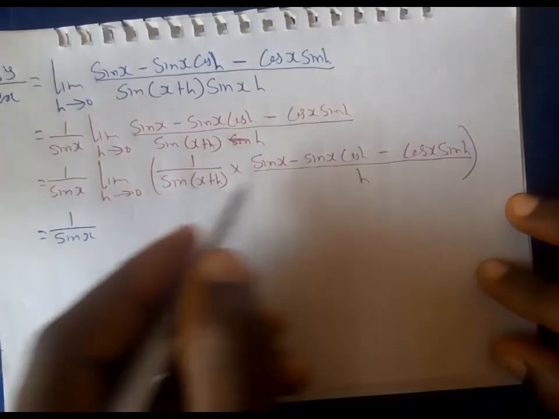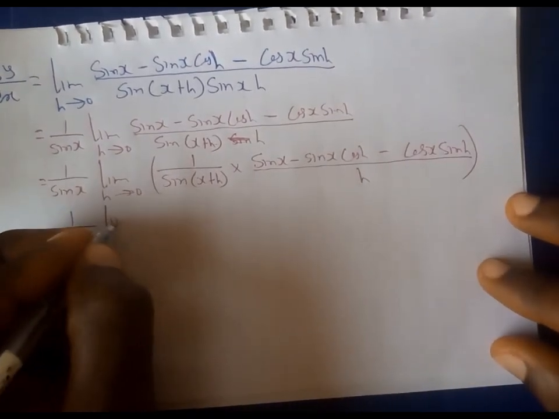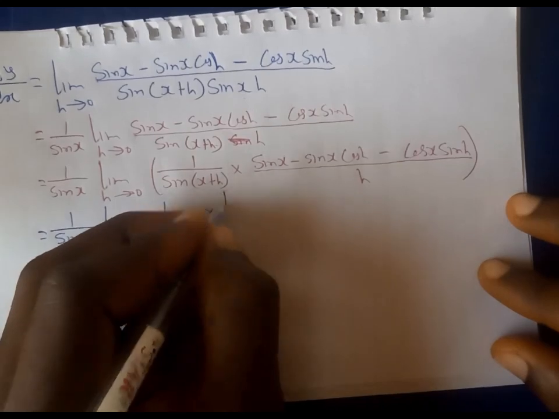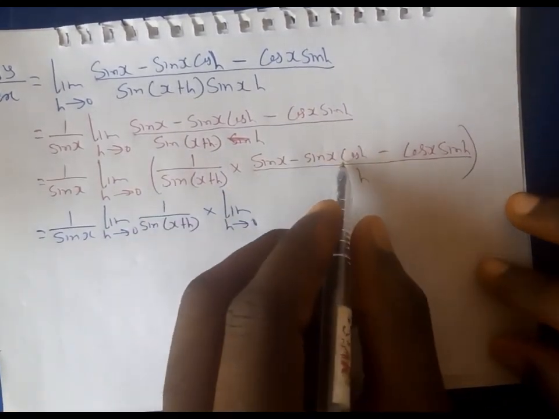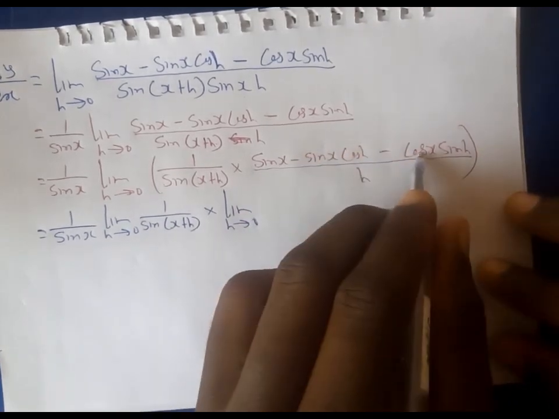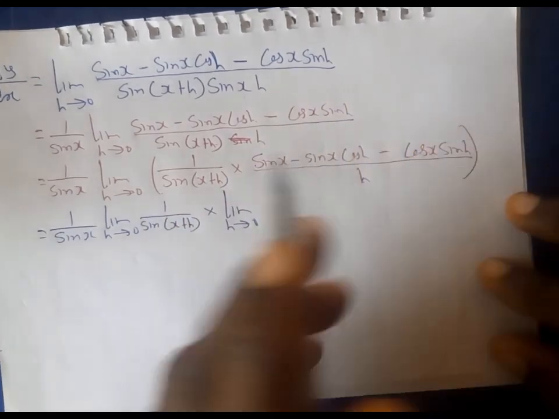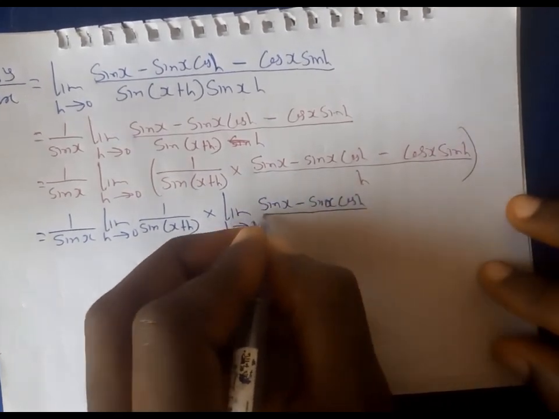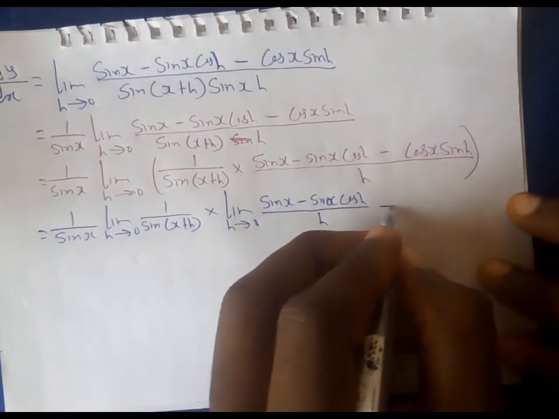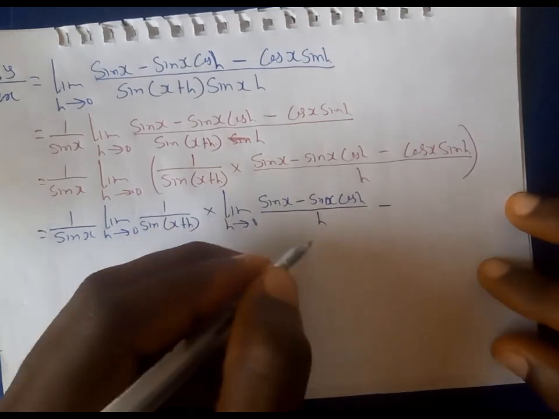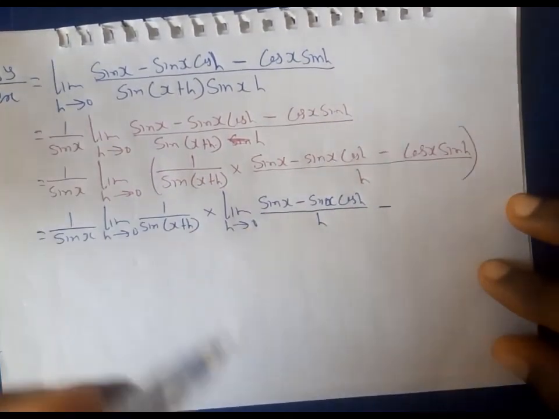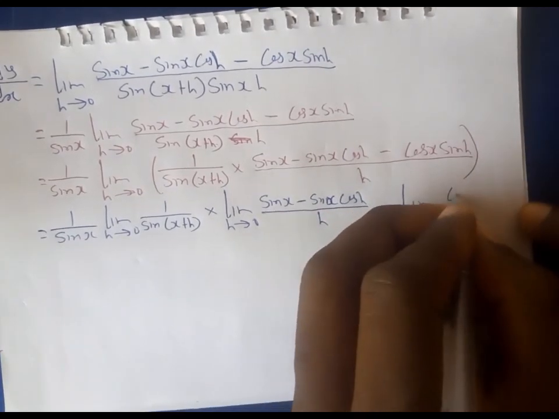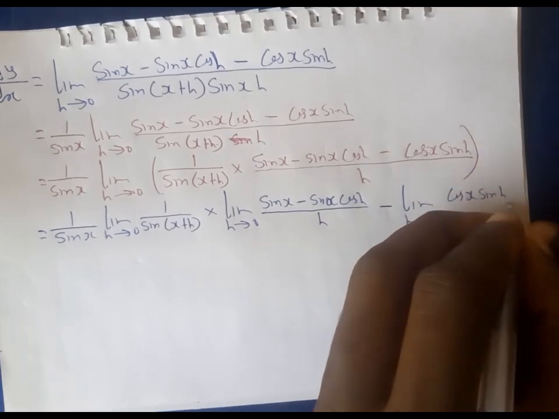Now we have 1 over sin x. The limits can be distributed because this is the limit of a product, the same as the product of limits, times the limit as h approaches 0 of 1 over sin(x + h), times the limit as h approaches 0 of, so let me distribute this h for these two terms: sin x minus sin x cos h divided by h, then minus the limit as h approaches 0 of cos x sin h divided by h.